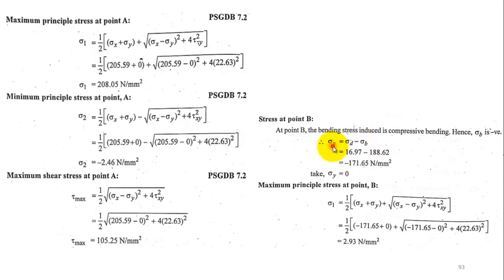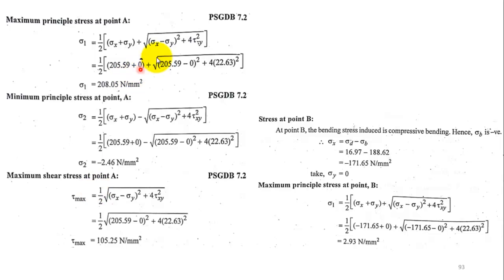If sigma x value comes in negative, then what is the meaning of that? It is compressive in nature. More compression is dominant, so it will undergo some compressive transformation at that particular point. Similarly, you can calculate the maximum principal stress at point B also.